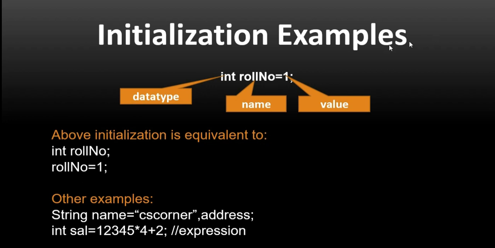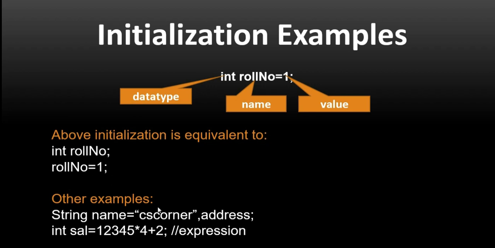This initialization int roll number equal to 1 is equivalent to int roll number, which is nothing but declaration of a variable, and in the next line I'm just assigning a value to this variable. So this single line can be split into these two lines also: int roll number semicolon, roll number equal to 1 semicolon.